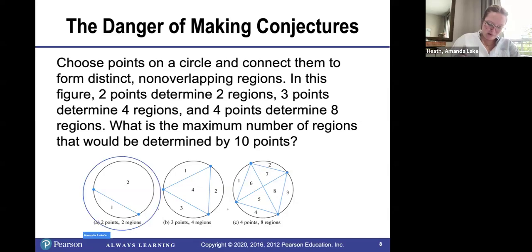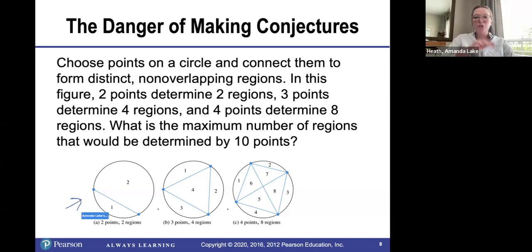If we look at this picture here, we have a circle with 2 points on it, and then we have one region here and one region here, right?